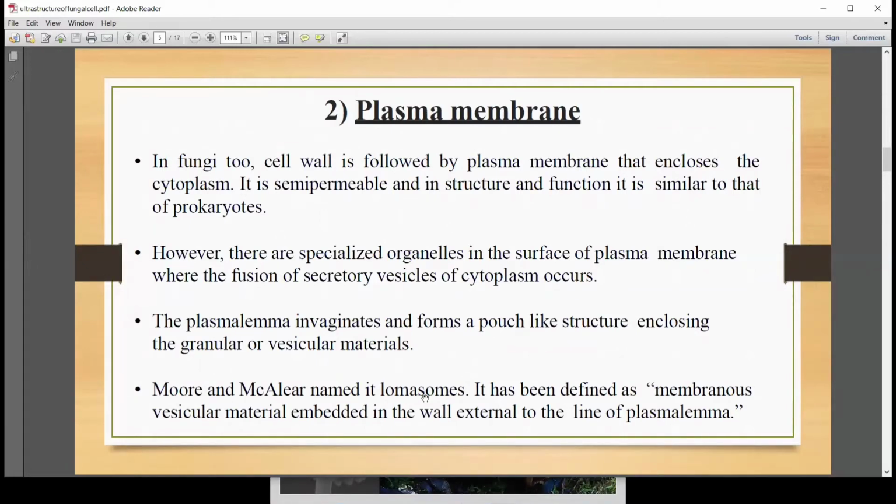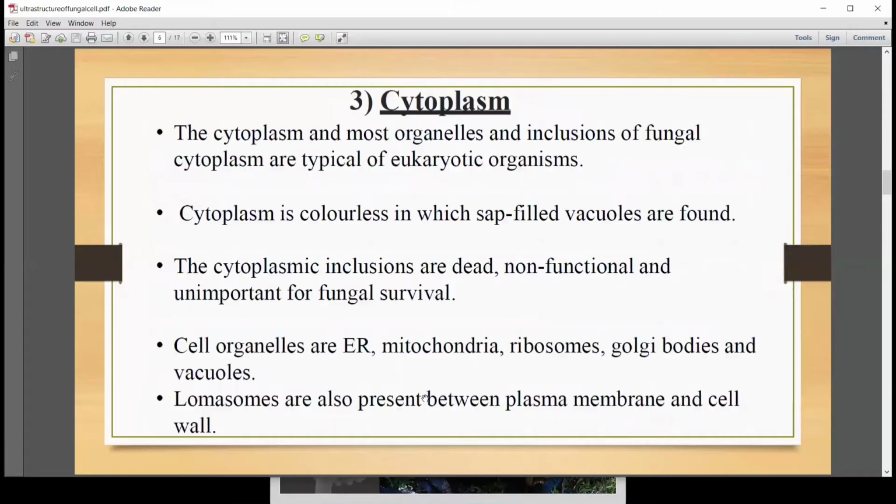However, there are specialized organelles on the surface of the plasma membrane where fusion of secretory vesicles of the cytoplasm occurs. The plasmalemma invaginates and forms a pouch-like structure enclosing granular or vesicular material. Moor and Mühlethaler named it lomasome. It is defined as membranous vesicular material embedded in the wall external to the line of the plasmalemma.